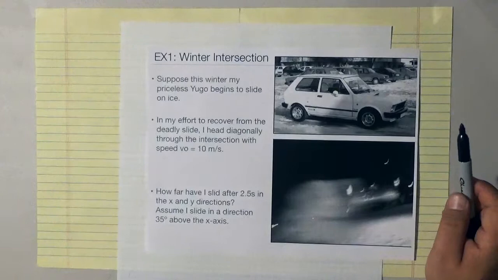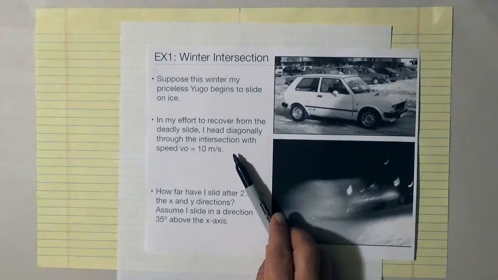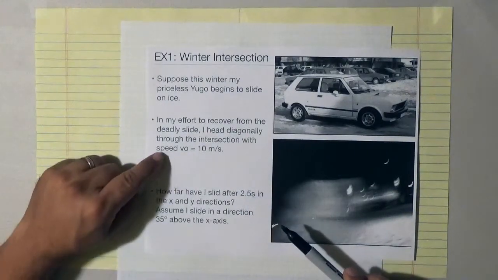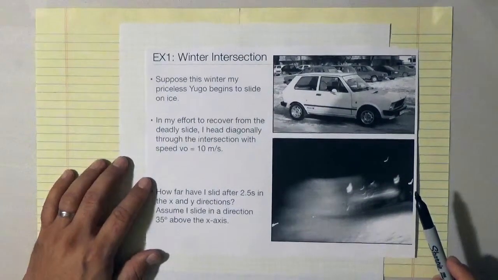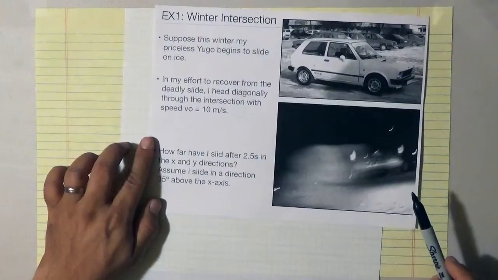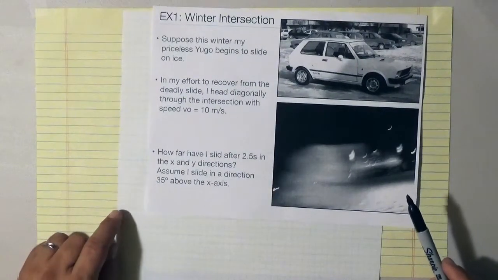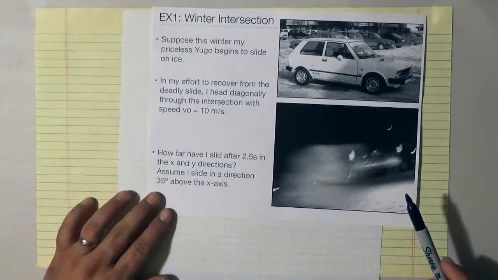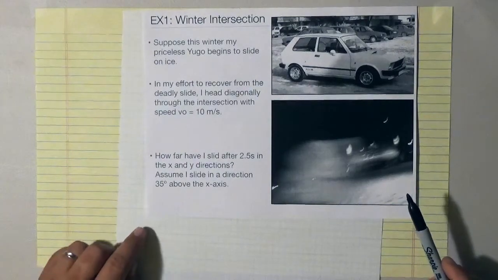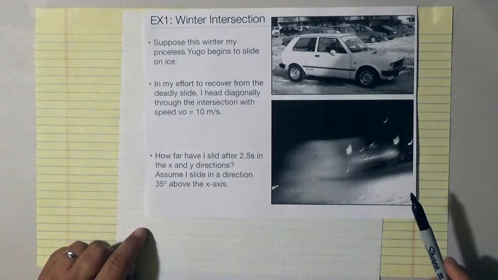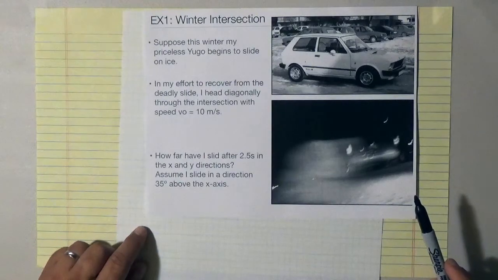In the effort to recover from my deadly slide, I head diagonally through the intersection with an initial speed of v naught equal to 10 meters per second. And the question that I'm asked to find is how far have I slid after 2.5 seconds in both the x and y directions, assuming that I initially started sliding in a direction that was 35 degrees above the x-axis.